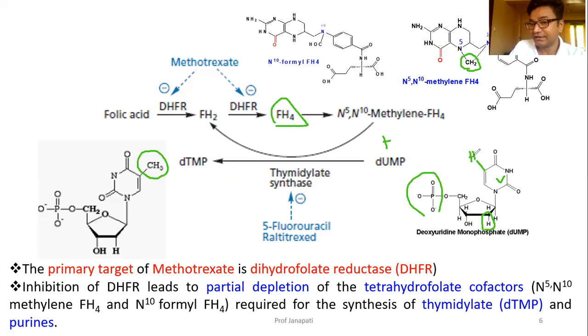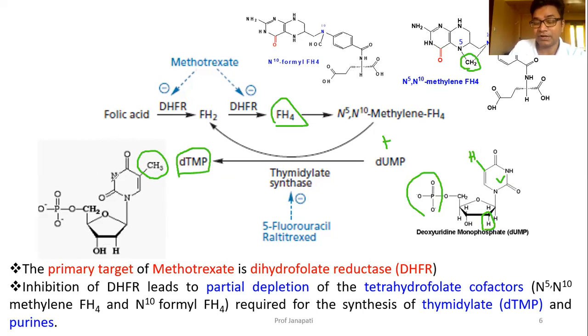Once transferred to the fifth carbon, this molecule becomes the thymidine molecule, that is deoxythymidine monophosphate, which is important for the pyrimidine nucleus.